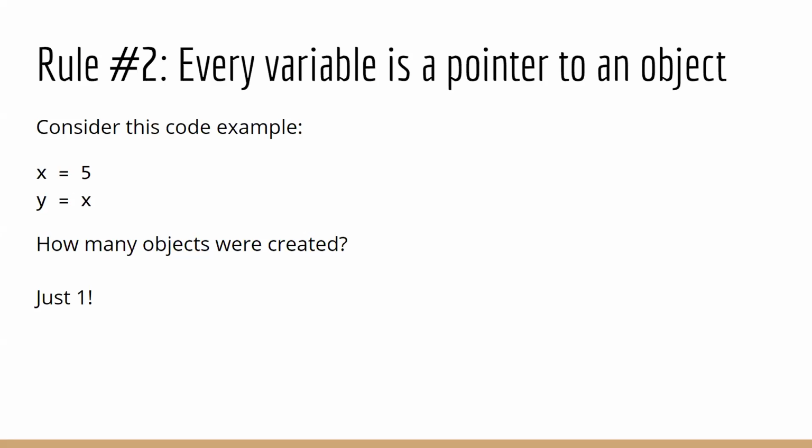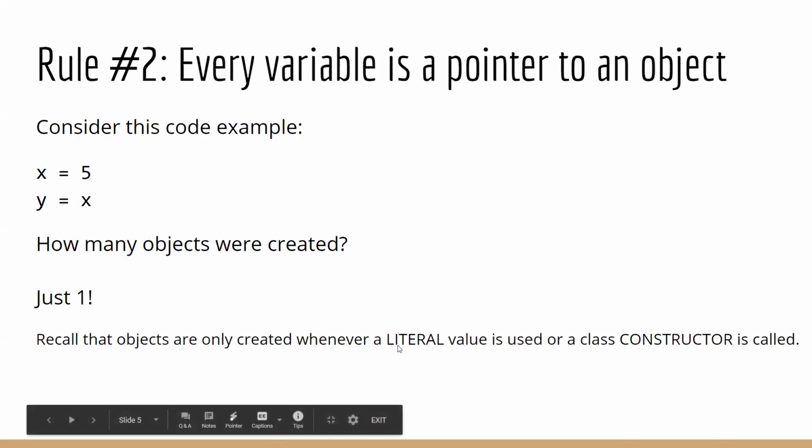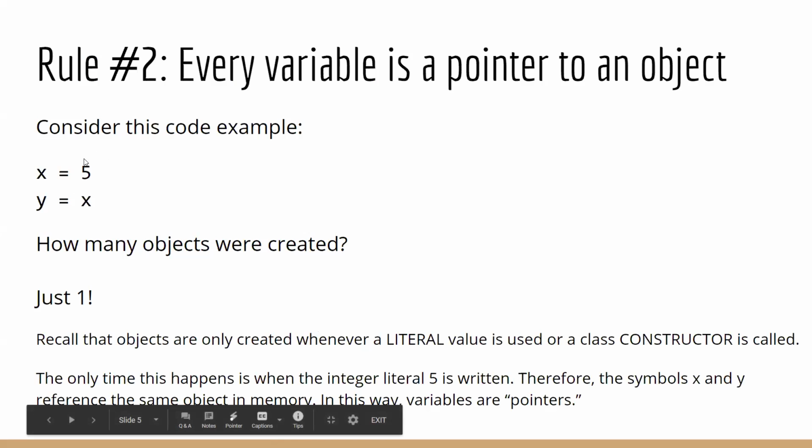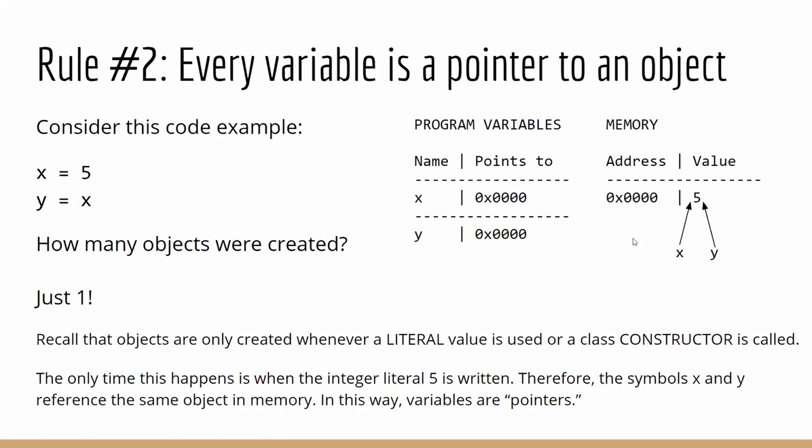Just 1. Whoa. Okay, so remember, objects are only created whenever a literal value is used or a class constructor is called. So the only place that that happens is when the number 5 is written. So the symbols x and y are actually pointing to the same value in memory.